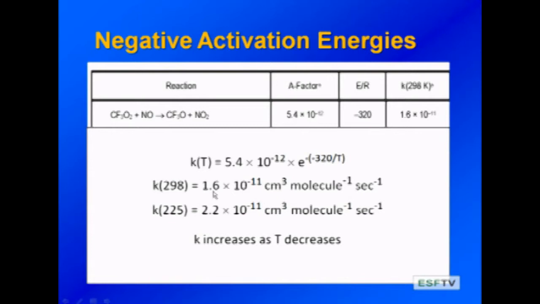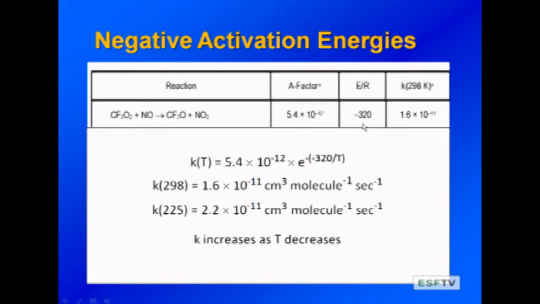Interesting, this rate constant at 298K is higher than the Arrhenius pre-exponential term. And if we go to lower temperature than room temperature, the rate constant gets even higher. Okay? When you have this negative activation energy, the rate constant will go up as the temperature goes down.